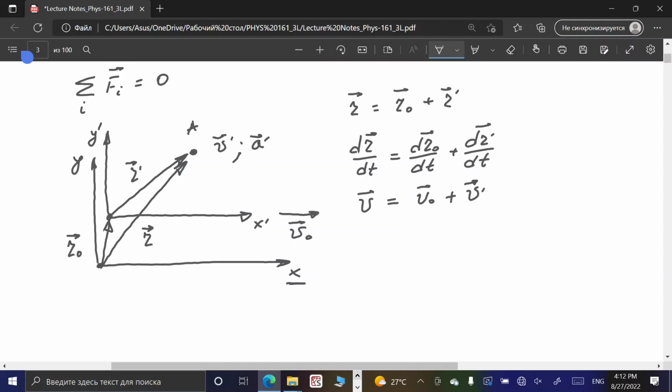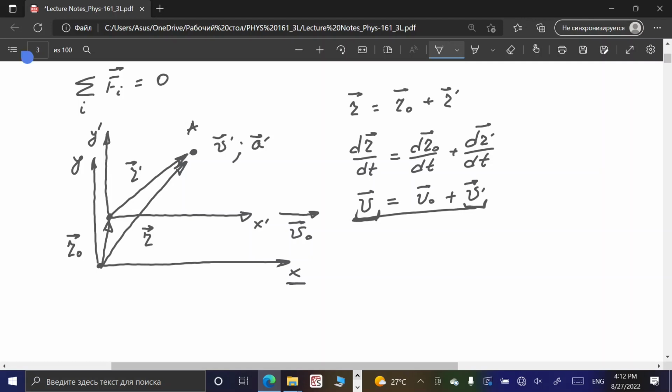So now we see that in order to go from stationary inertial system of reference to some mobile inertial system of reference, we change parameter which is velocity vector, because for one system of reference we need to use v, which is v naught plus v prime, and for another is just v prime.